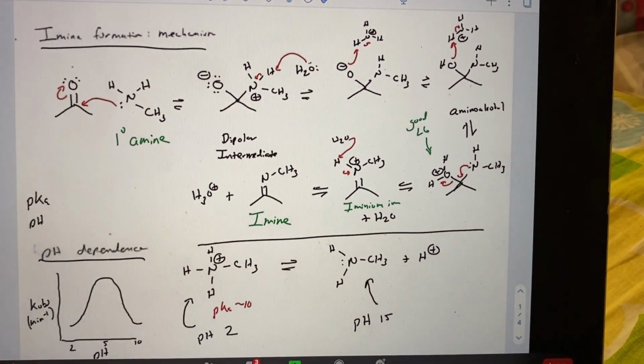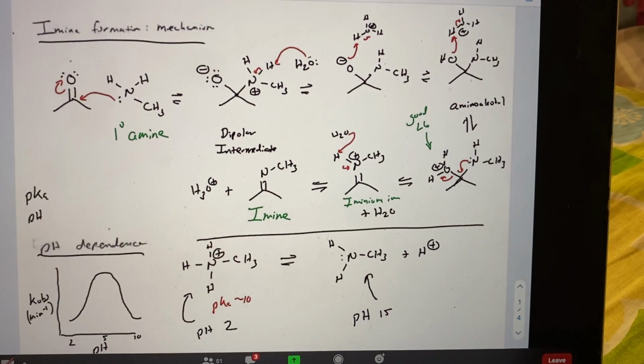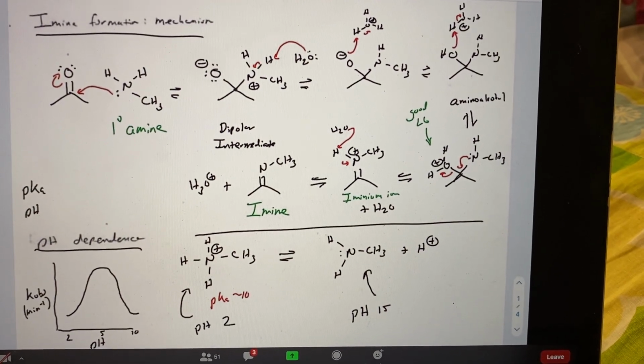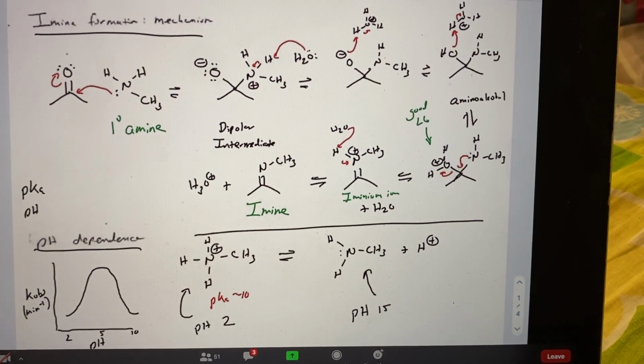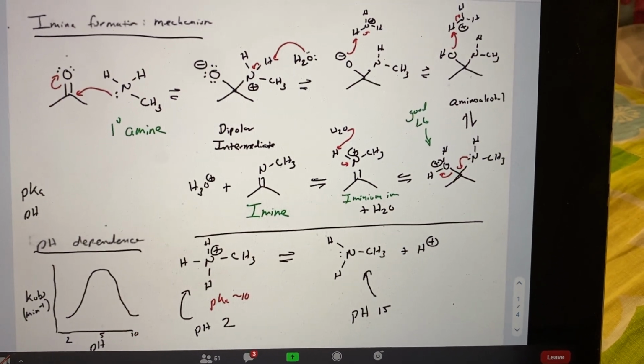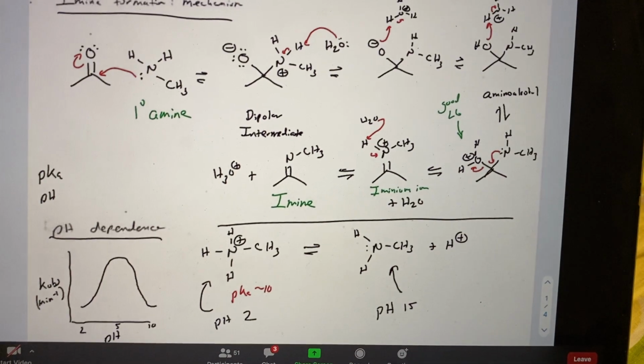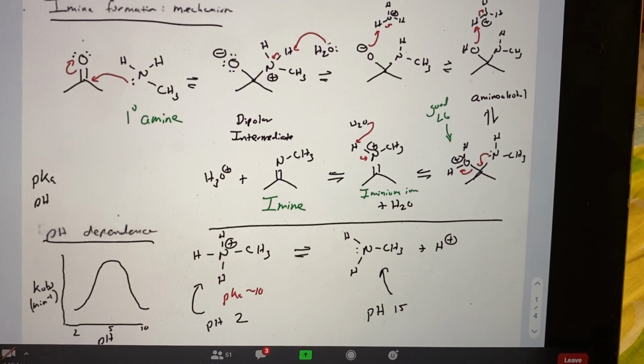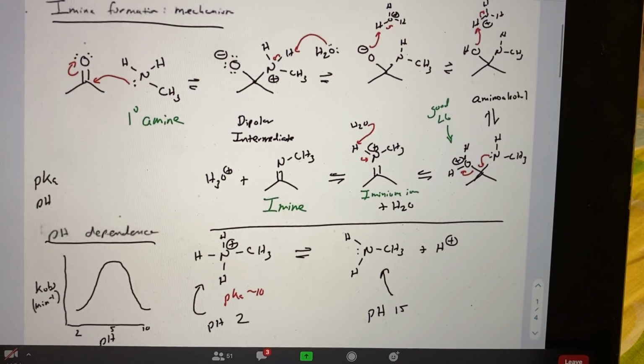Some need to be deprotonated, some need to be protonated. And as mentioned at the outset here, for those interested in both organic chemistry and biochemistry, you'll see these sorts of features in a lot of different reactions. All right, so a lot to digest there.